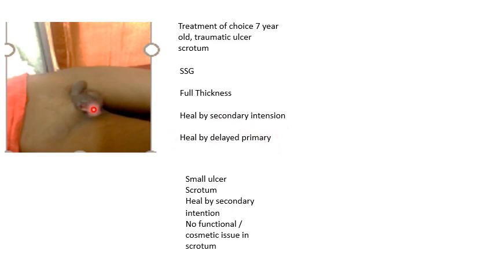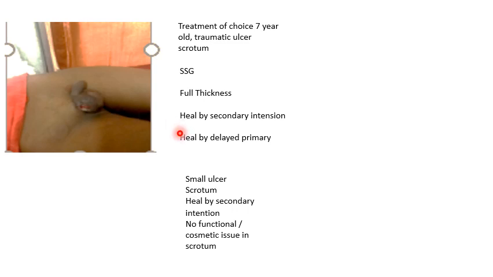Delayed primary is nothing. You cleaned it in the first place. You let it heal for some time. Then you hasten up the healing process by suturing it. But for suturing, you will need anesthesia. It can be done under local in an adult, but in a child, you will need anesthesia, which is general anesthesia.